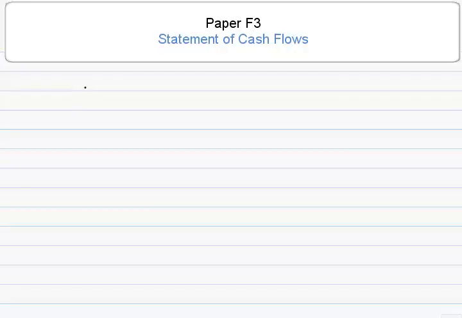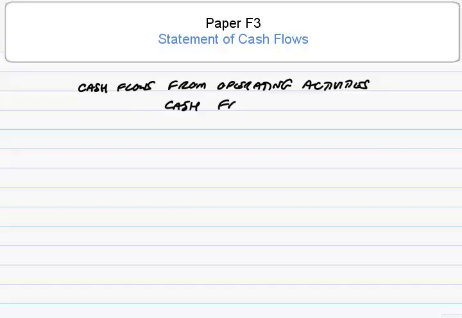And the three headings, first of all, there's cash flows from operating activities. And although we'll look in more detail after, essentially what this is, your operating activities is your ordinary trading. It's effectively the cash from profits.